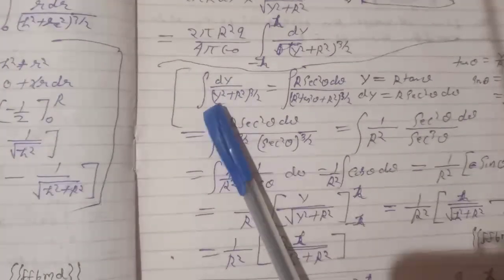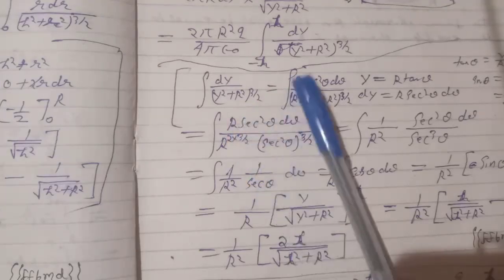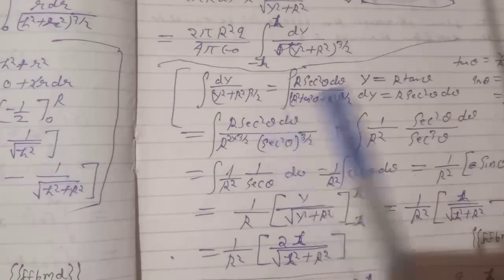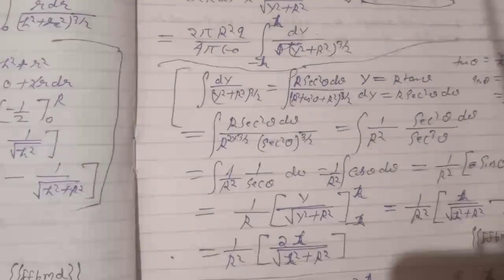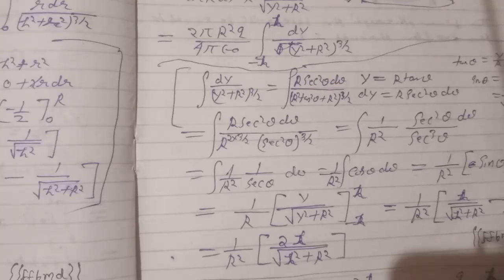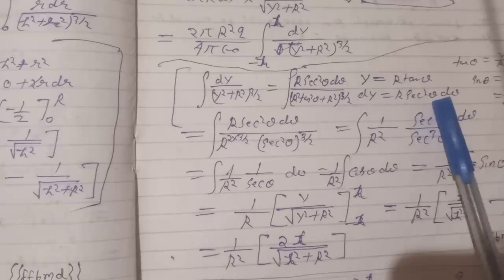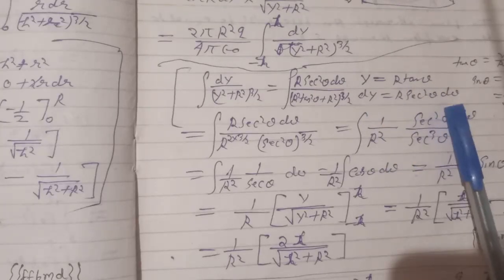Integration of dy by y square plus r square to the 3 by 2. If we take tan theta is y by r, so sin theta will be y by under root y square plus r square, and if we take y equal to r tan theta, then dy will be r sec square theta d theta.